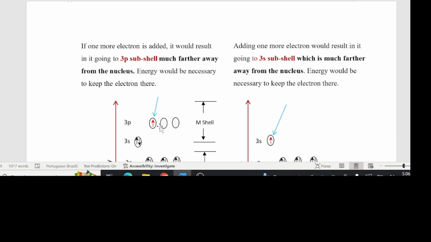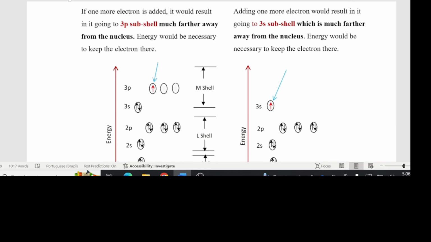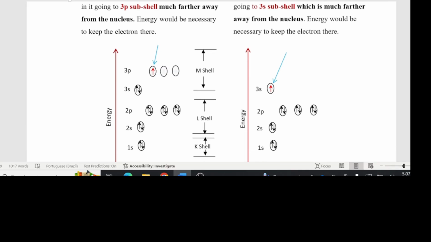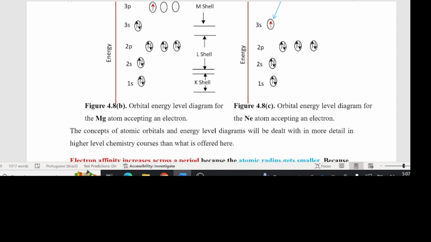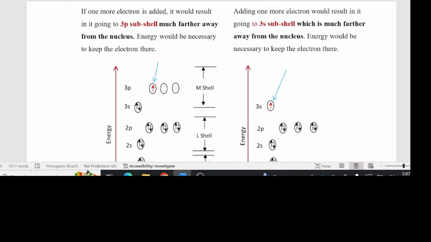And therefore, there's a tendency for the nucleus not to hold on to the electron because it's going farther away from its attractive force. And therefore, you need energy to keep that there. Similarly, the same thing is happening here. Look, this one here is neon. Another electron added there will go farther away from the nucleus, and therefore it needs energy to be added to that atom. Energy is always going to be positive for these.